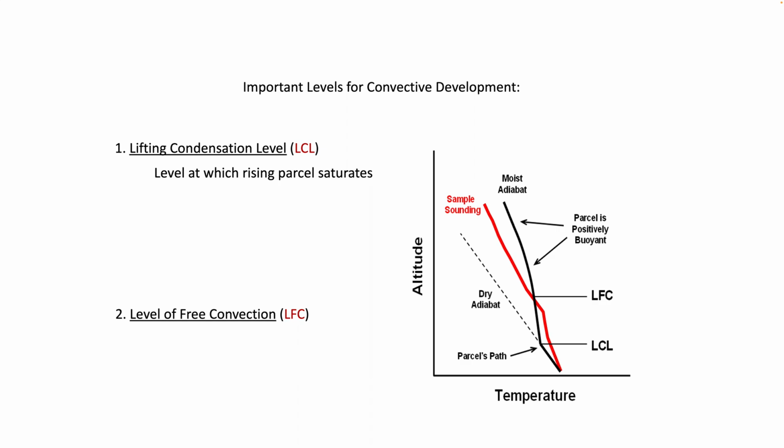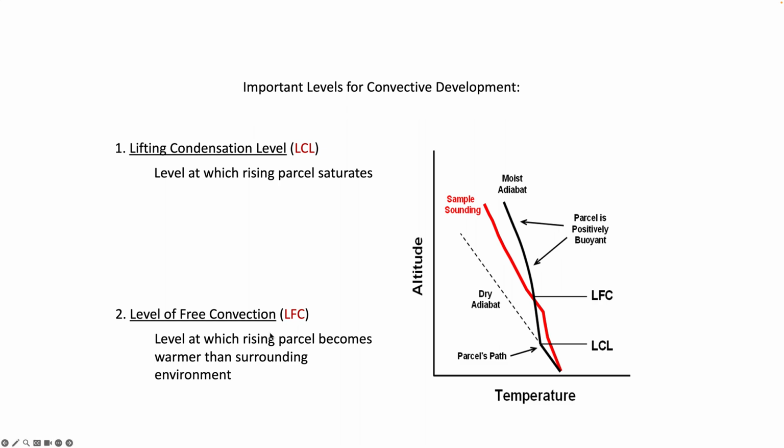This reduced rate of cooling, if the parcel continues to rise and the environment cools relatively rapidly, will allow the parcel to eventually become warmer than the surrounding environment and then accelerate upward on its own. The level of free convection is the level at which the rising parcel becomes the same temperature as the environment on its way to becoming warmer. So it's the level at which rising parcels become warmer than the surrounding environment.